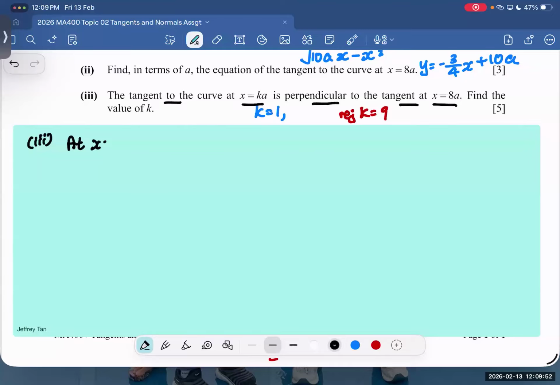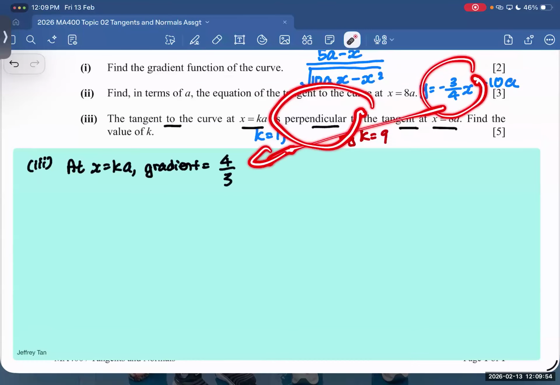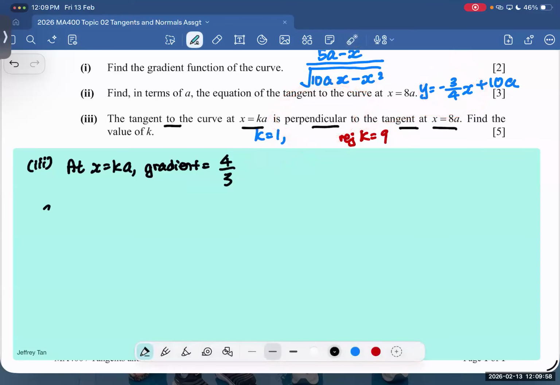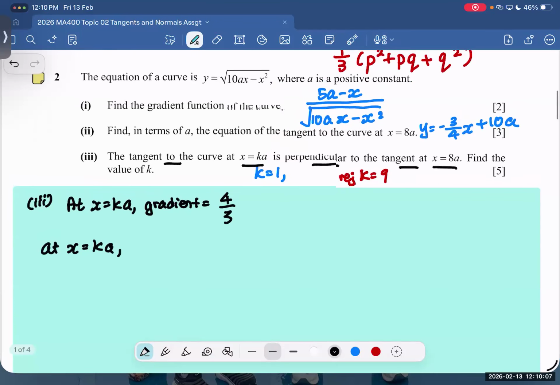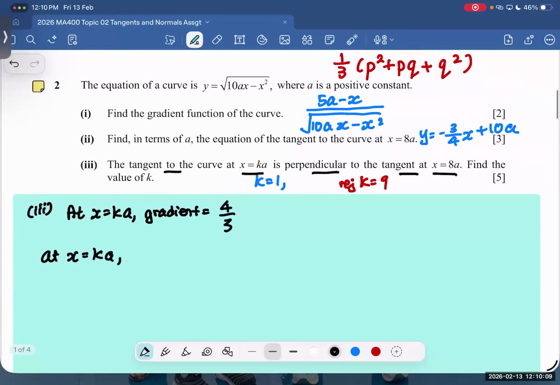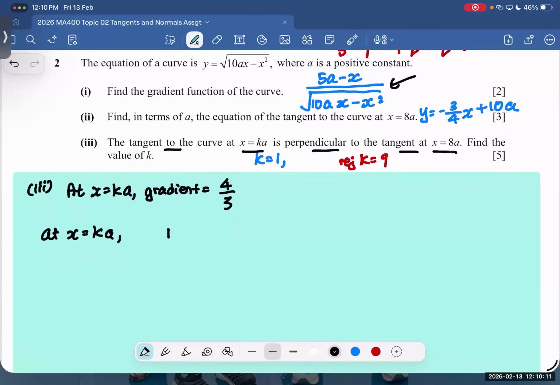You also know that at Ka, mathematics sometimes is about writing the same thing in two different ways and then forming an equation. What's the dy/dx? Remember here, your dy/dx, aka gradient, is equal to 5a minus, guys, Ka.